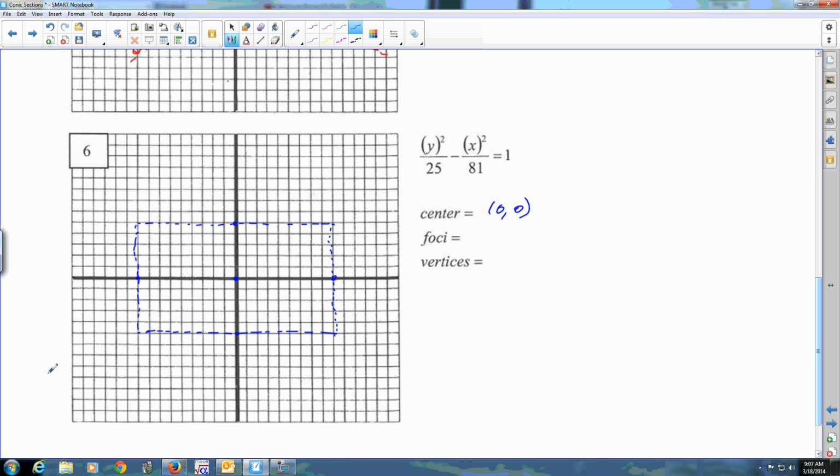Then the diagonals of this box are going to be your asymptotes. I think it's easier to go this way. All right, so those are your asymptotes. Which way is it opening? It's opening in the y direction because the y comes first.